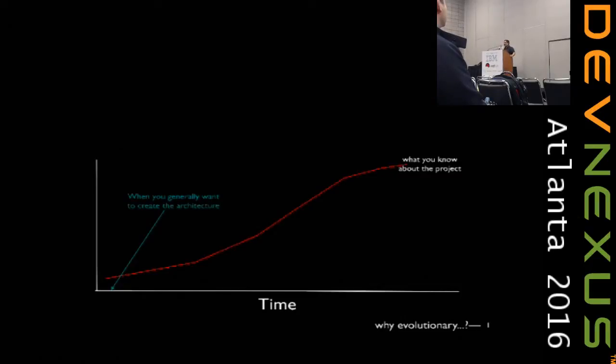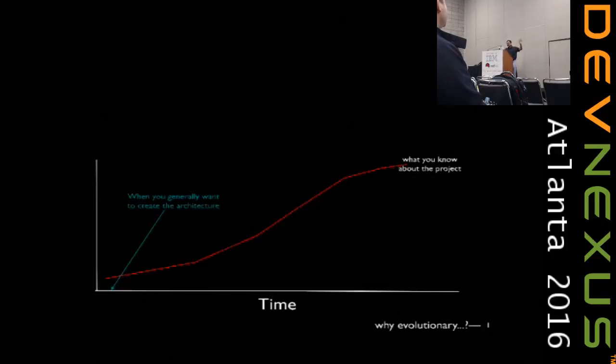You've heard about RAD, right? Anybody can tell me what RAD is? Rapid Application Development. That's what I thought until I ran into one of my bosses. He said RAD stands for Requirements After Delivery. Right? You can never be wrong about it, right? So a lot of times we wait until the end to figure this out. And then we say, that's what this project is supposed to do.